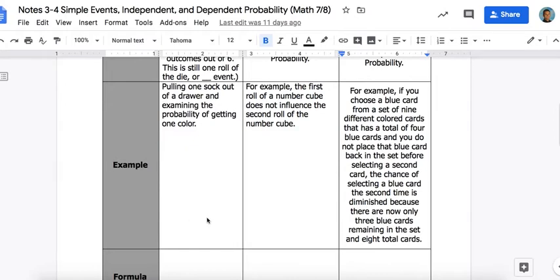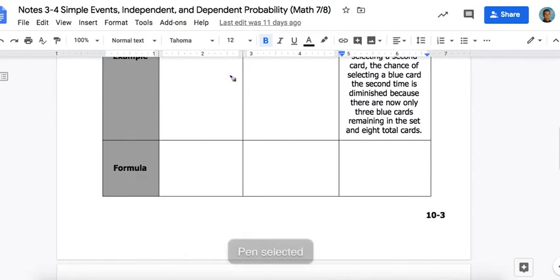So it might say, what's the probability of choosing a blue card and then another blue card. So the first time, if you had 9 cards, would be 4 out of 9. But since you're not replacing it, the next time would only be 3 out of 8. So you've got to make sure you are reading the problem carefully.